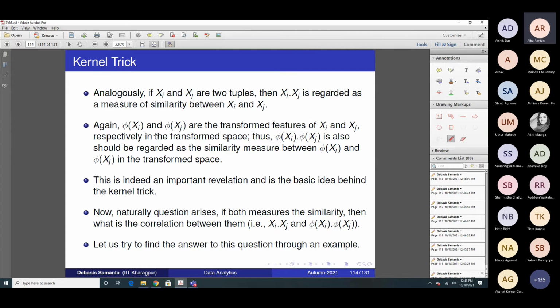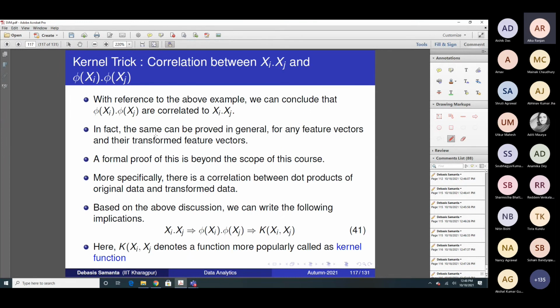Similarly, phi xi and phi xj are again two vectors, but in another space. So it is x space to z space, right? Effectively, xi dot xj or phi xi dot phi xj are the product of two vectors. Now let's see what is the meaning of the product of two vectors. You can think about it.